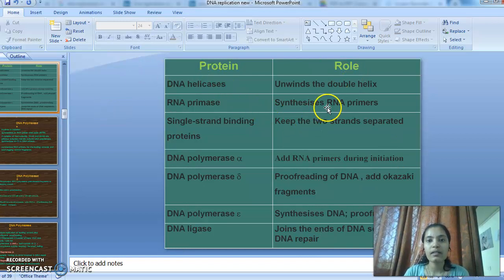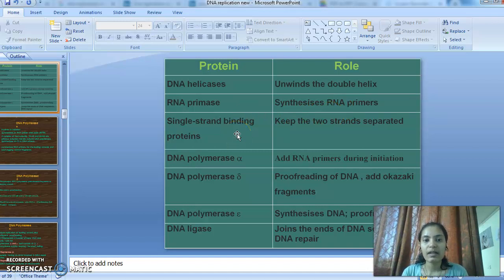DNA helicase unwinds the double helix of the DNA. The first step in DNA synthesis is that the double strand is removed, that is, unwinding takes place. Then you have RNA primase, which synthesizes the RNA primers required for replication.